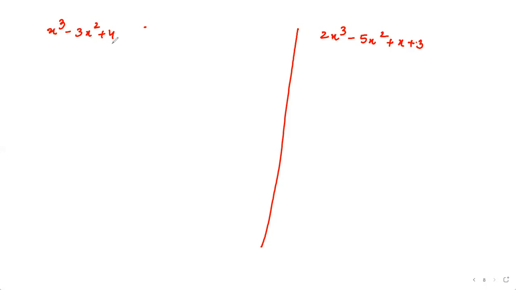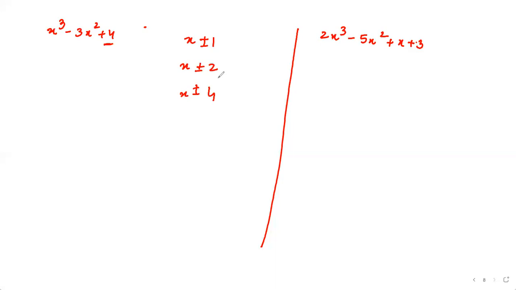Now here, the possible factors of this expression will depend on 2 things. 1 is the coefficient of the leading term, and 2, the constant term. You know that the constant term will be the product of the factors. So what we do is we take the factors of 4. What are the possible factors of 4? Plus or minus 1, plus or minus 2, and plus or minus 4. The factors of this cubic polynomial will be one or a few of these.